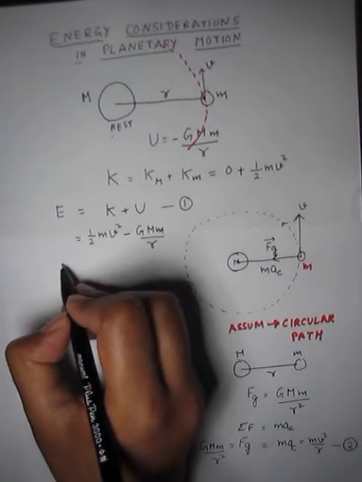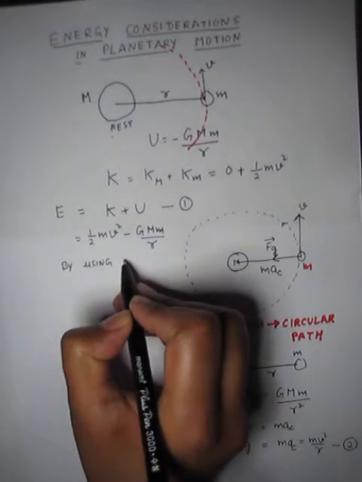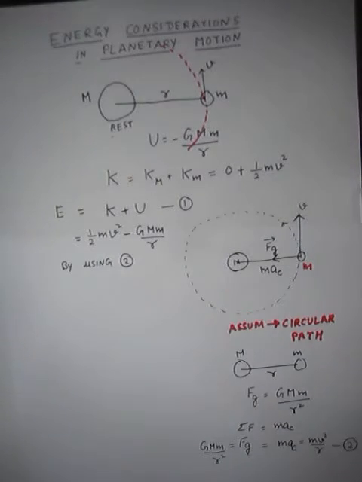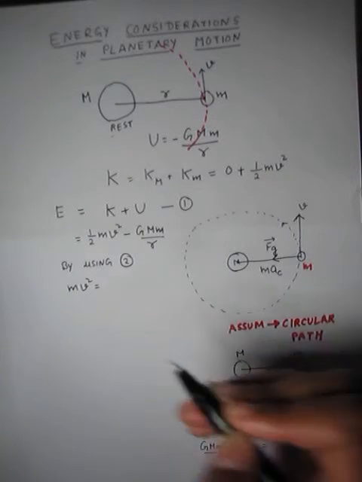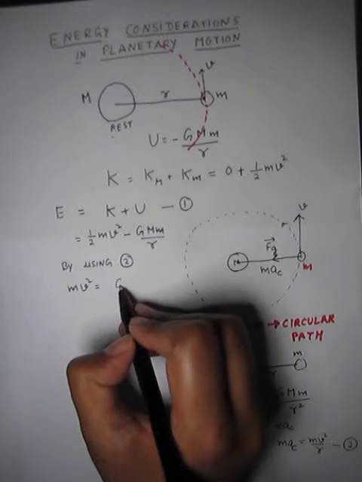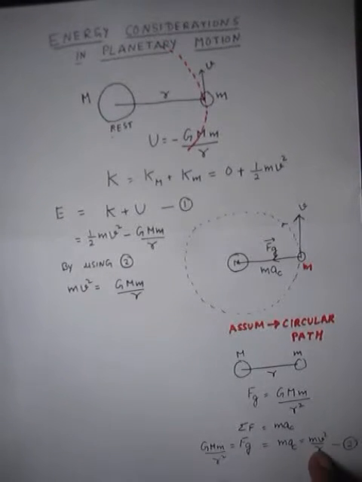By using equation 2, you can find that m v squared will be equal to G capital M small m upon r. We can just get rid of r, and then m v squared will be G capital M small m upon r.